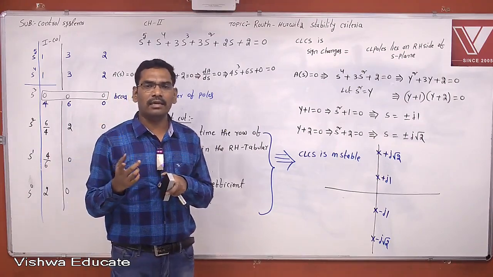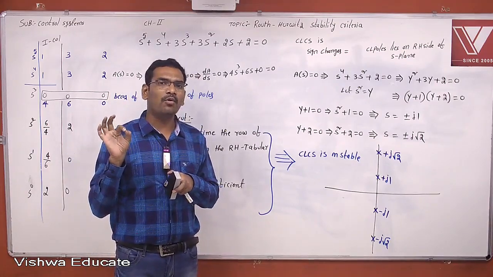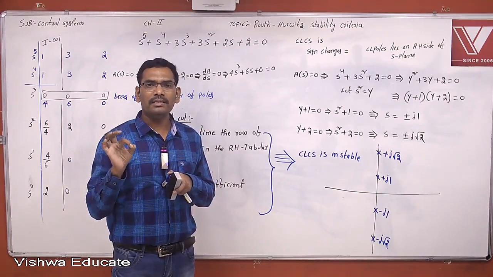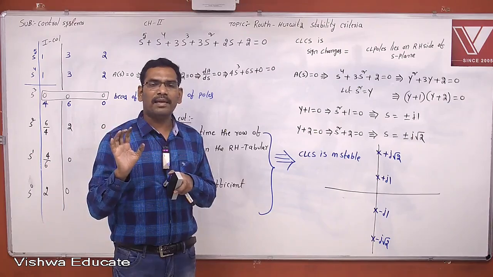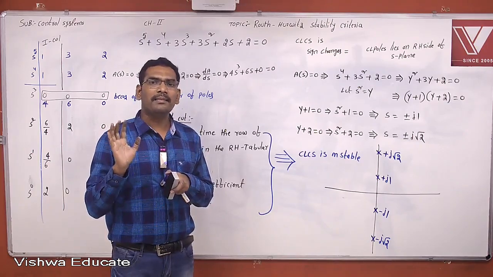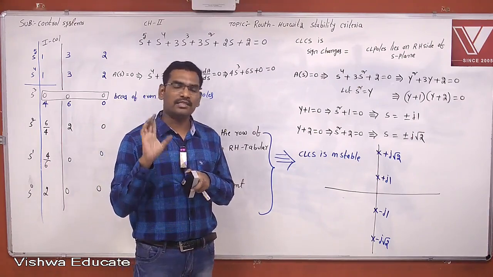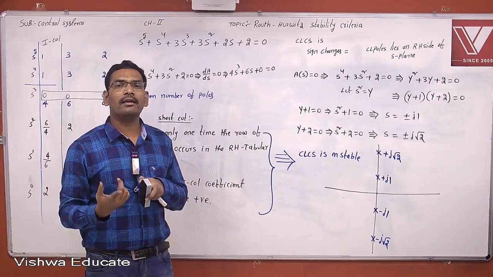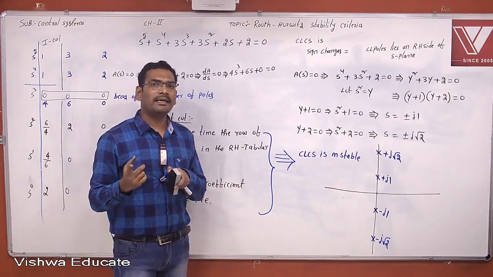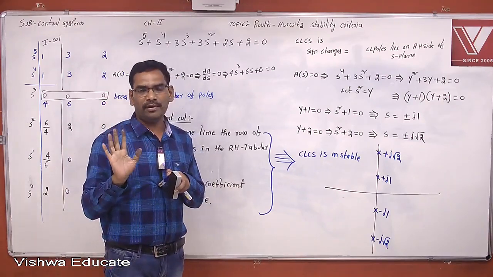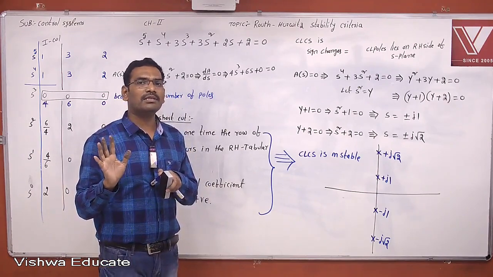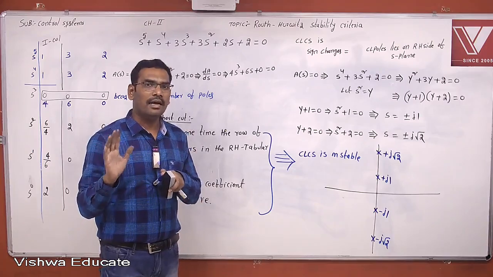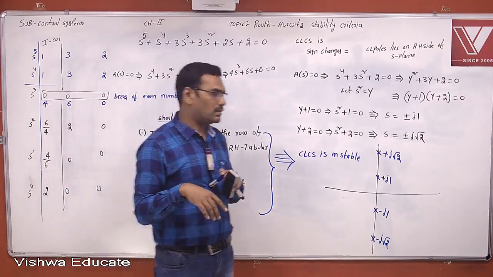Whenever a row of zeros occurs in the RH tabular form, it means that somewhere in the S-plane poles are arranged symmetrically. That is the first and foremost point you have to remember. The symmetrical arrangement is only because of an even number of poles. Whenever an even number of poles are arranged symmetrically, there is a chance of cancellation and a chance that the row will become 0. Okay, no doubt.